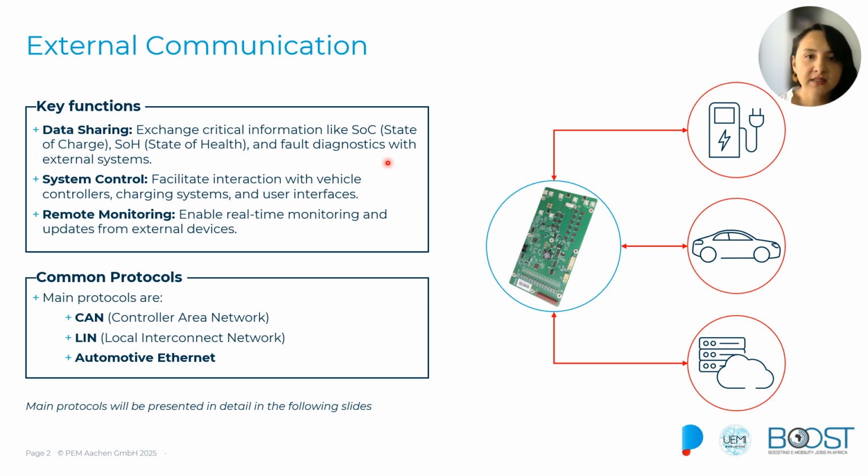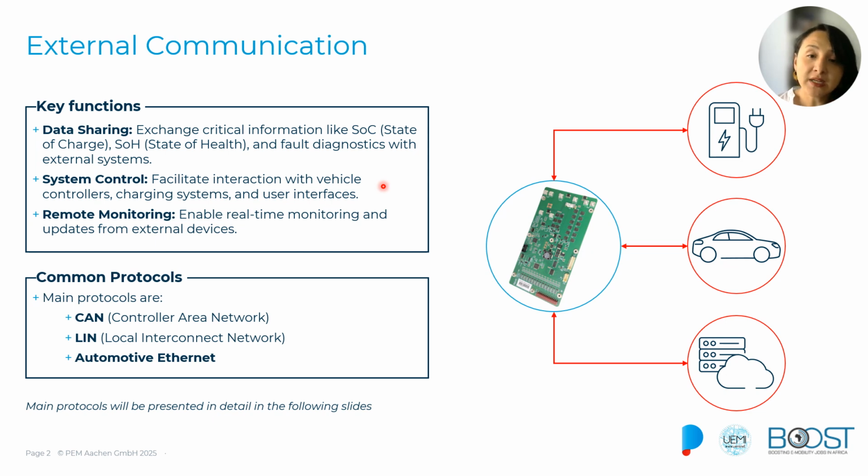This ensures that other elements in the network can take proactive actions, for instance, adjusting the charging strategies or alerting different services and teams in the bus. The BMS external communications also have functions in system control.